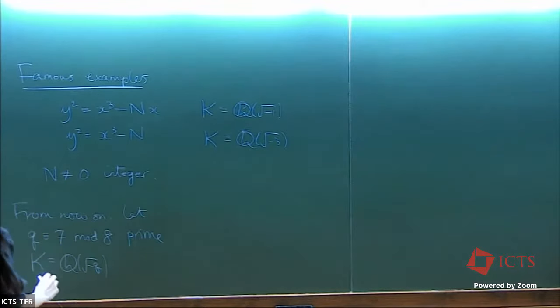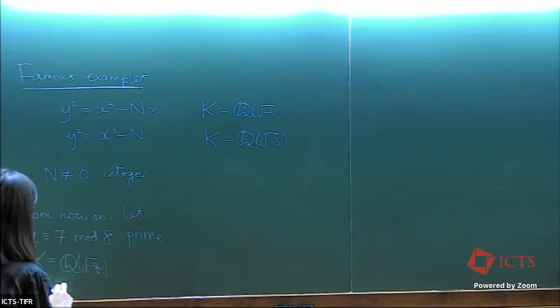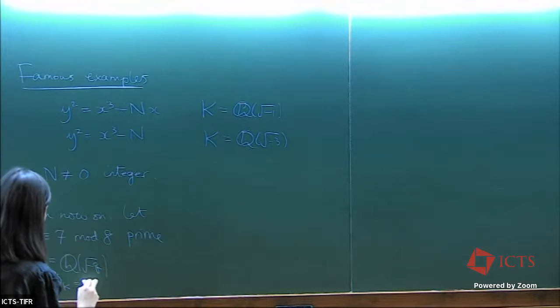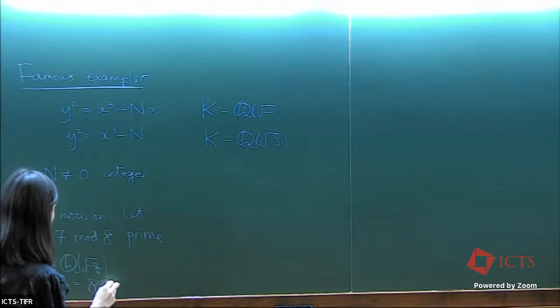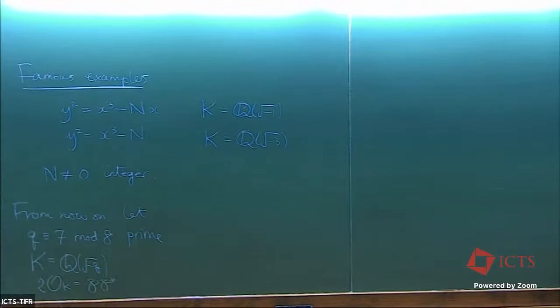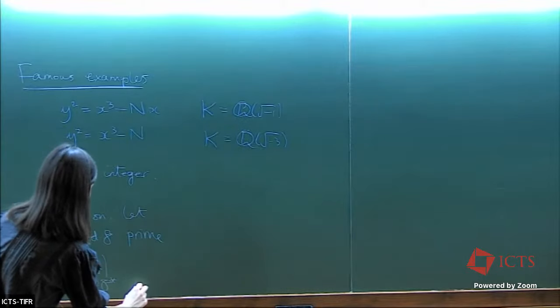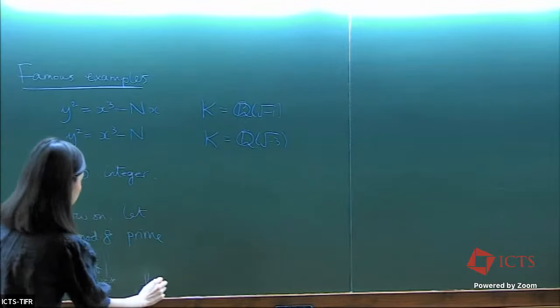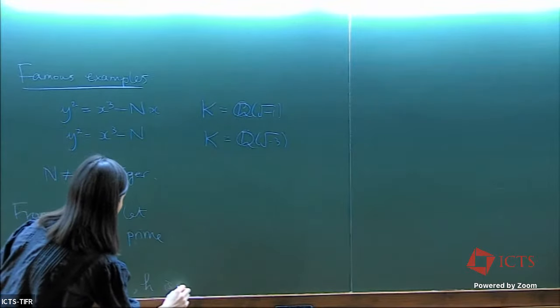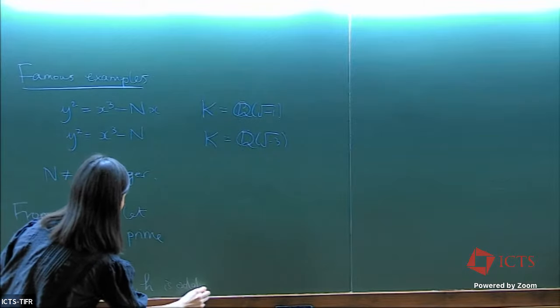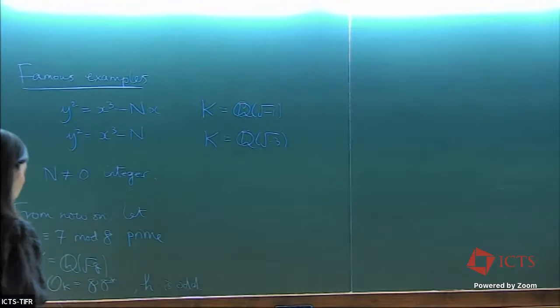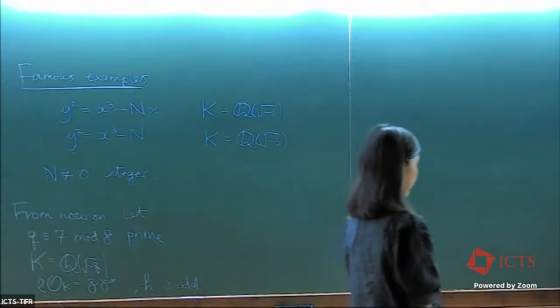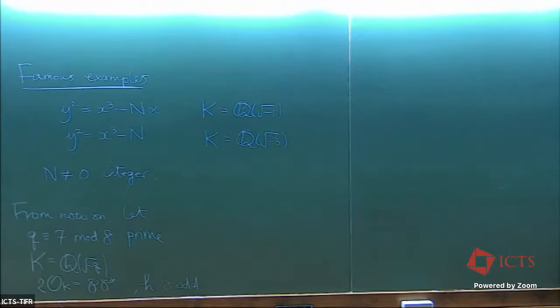Then indeed 2 splits in this field as p times p star, let's say. And h is odd by genus theory. Now each elliptic curve has complex multiplication by the ring of integers of this imaginary quadratic field.